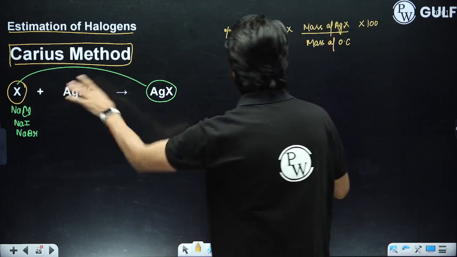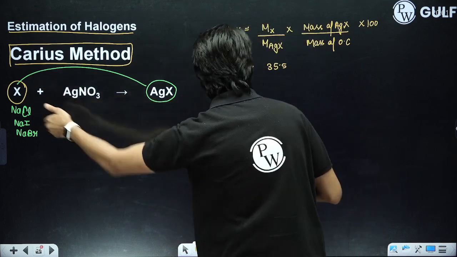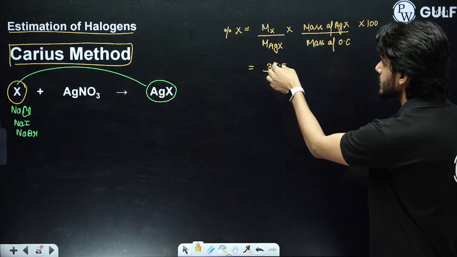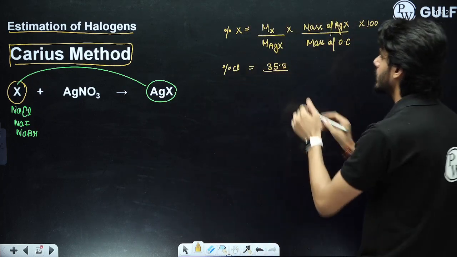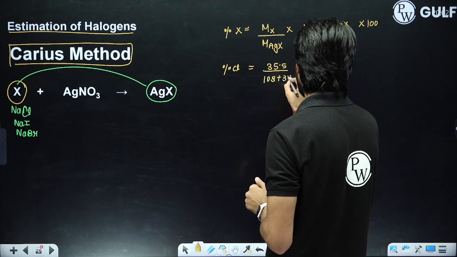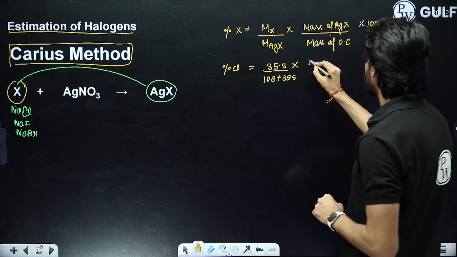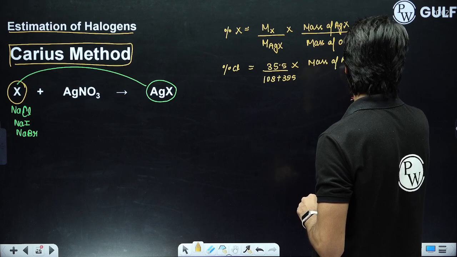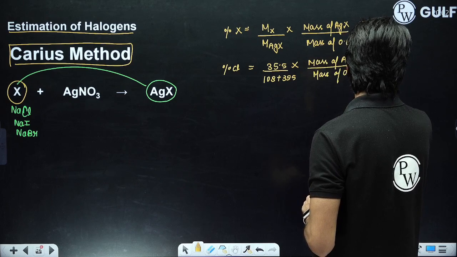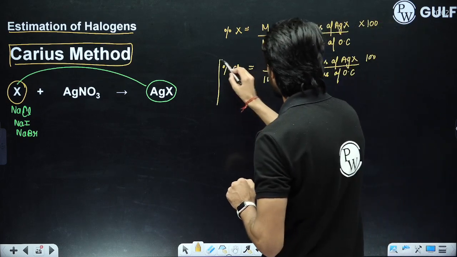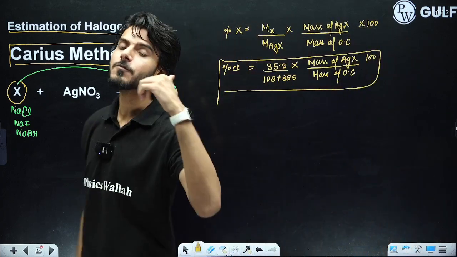For chlorine, the mass of chlorine is 35.5. Now let's suppose this is for chlorine, so for AgCl you will calculate the molar mass, 108 plus 35.5. The mass of AgCl is given to you, and the mass of organic compound is given to you. So you will have this from the question, and you will solve this, guys, and you will be able to estimate the percentage of chlorine. In the same manner, you will be able to find the percentage of bromine and the percentage of iodine.